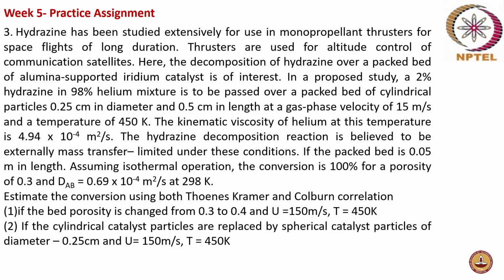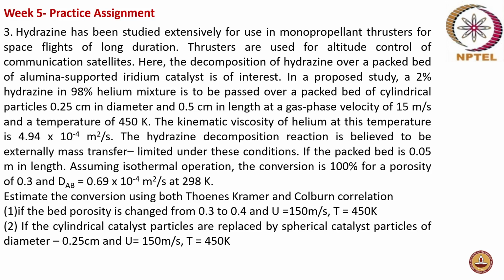Now, question number 3. Hydrogen has been studied extensively for use in monopropellant thrusters for space flights of long duration. Thrusters are used for altitude control of communication satellites. Here, the decomposition of hydrogen over a packed bed of alumina supported iridium catalyst is of interest.